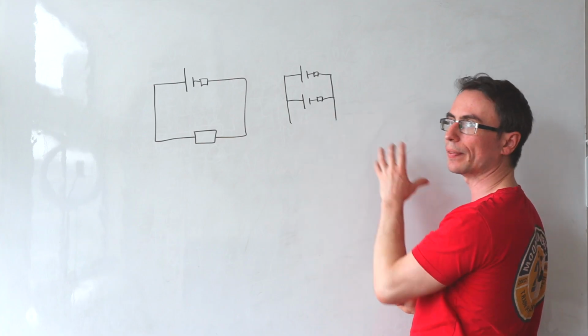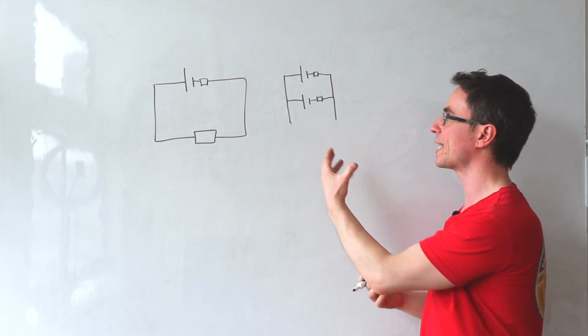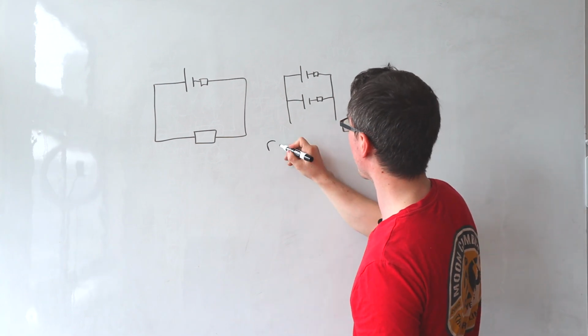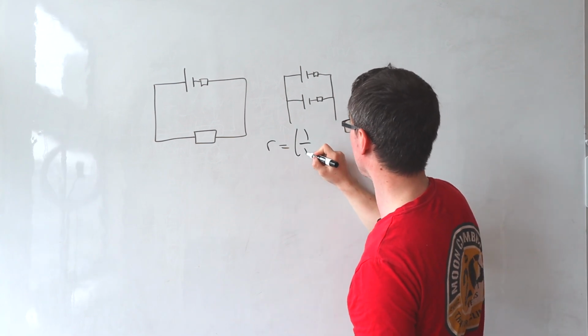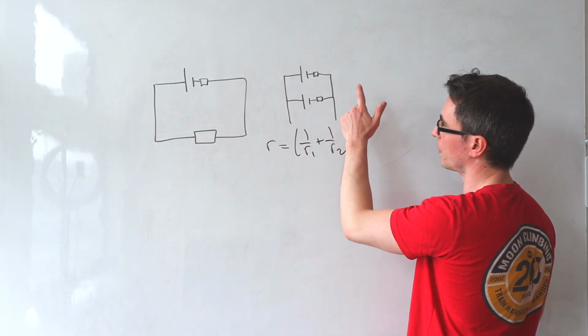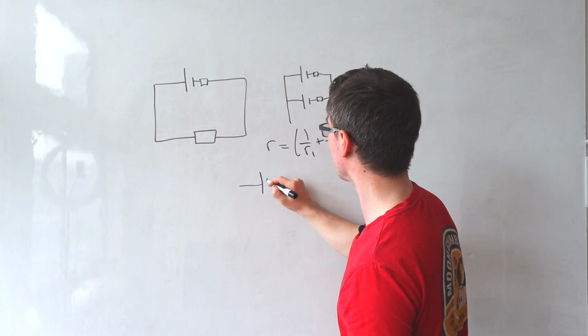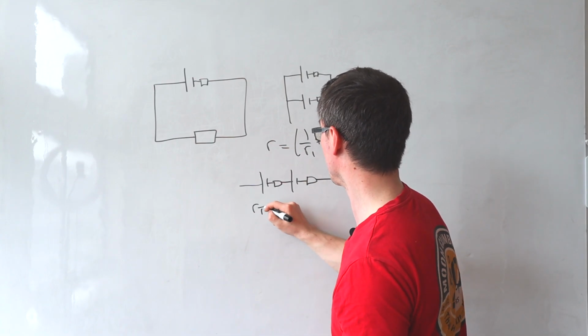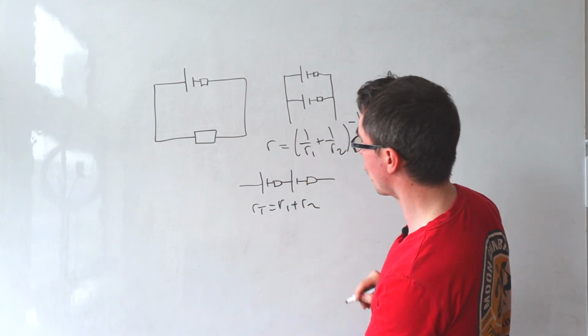And I always add this to a diagram to help me think of the actual problem. If they're in parallel, the internal resistances will just be added up as normal resistors in parallel. If they're connected in series, on the other hand, they're just going to be added as normal.